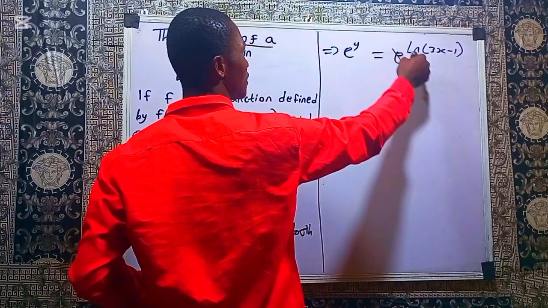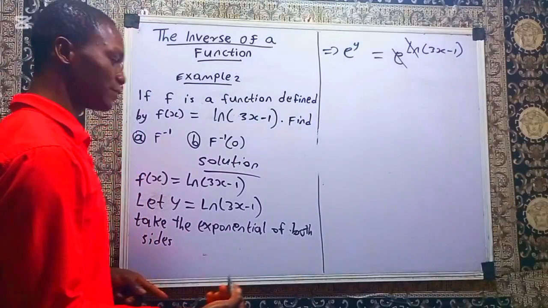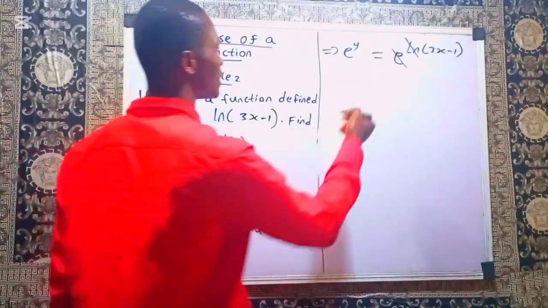So the exponential will cancel the ln, and that's the purpose of taking the exponential of both sides.